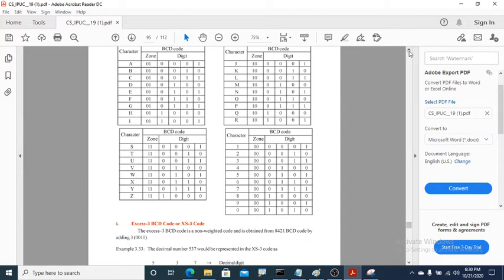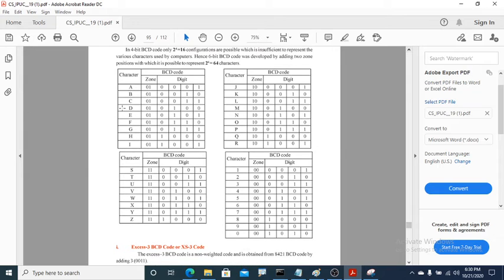In this BCD code, for a character we have taken zone 01 followed by 0001. That is a character in BCD code representation. In BCD representation, zone 01 is common up to I. The remaining bits we will take from this chart.